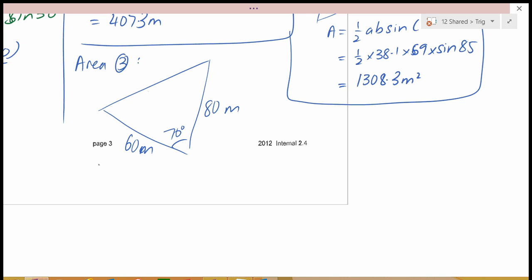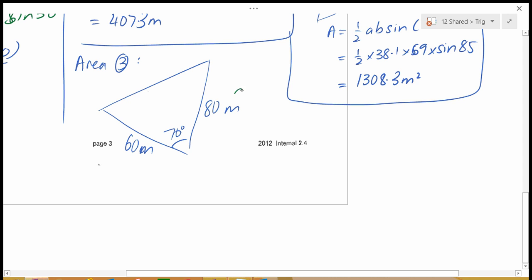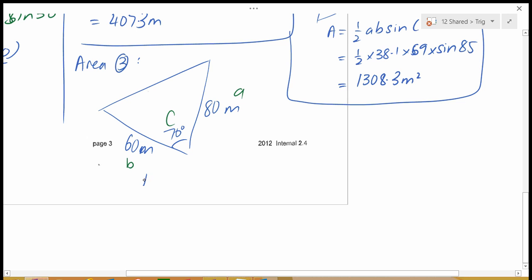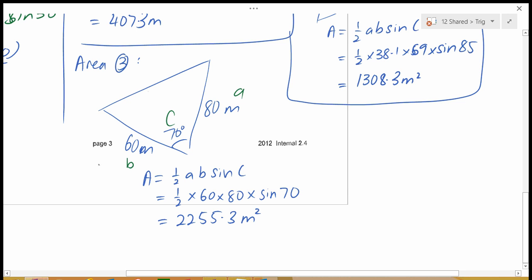And so when I label it, I'll call that A, that B, and that capital C. Alright, writing out our formula again, we've got A equals a half AB sine C, and so that's going to be a half times 60 times 80 times sine 70, and putting that into our calculator we get 2255.3 meters squared, and that's our next area.